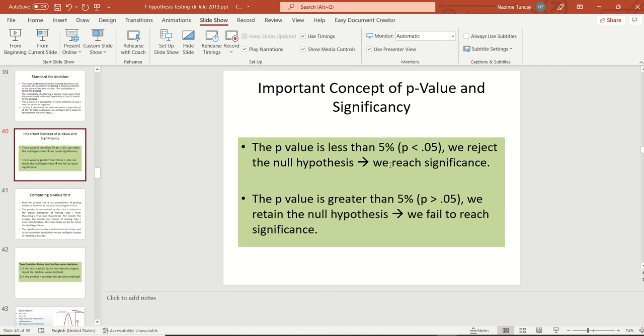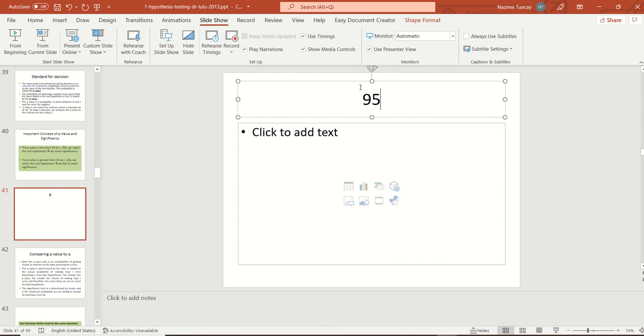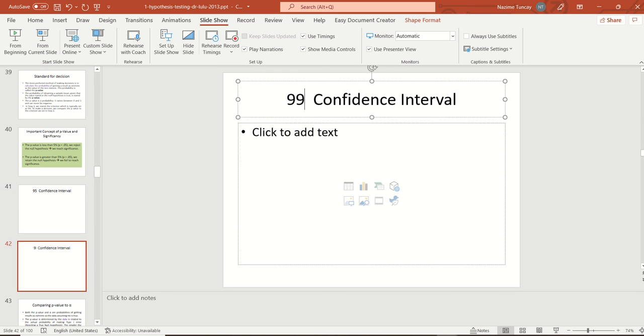And you can hear about confidence intervals, like the 95 confidence interval and the 99 confidence interval. Let me talk about that. What is the difference between these two?